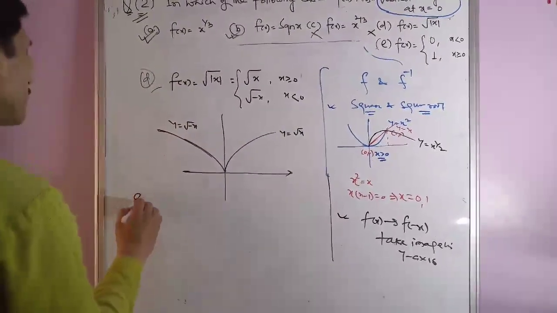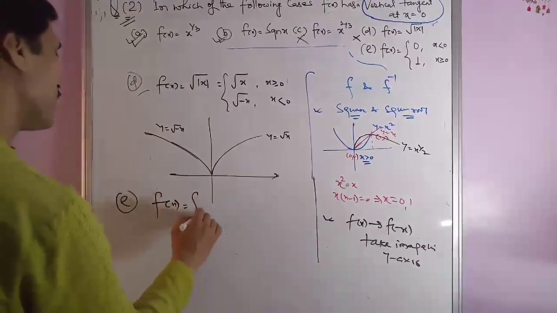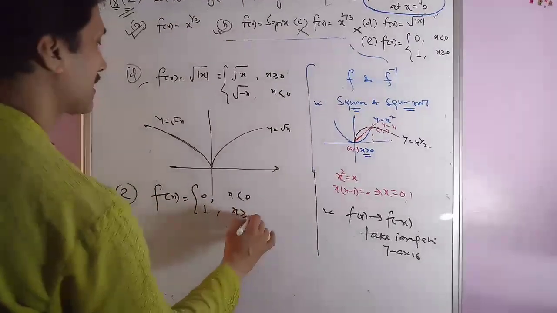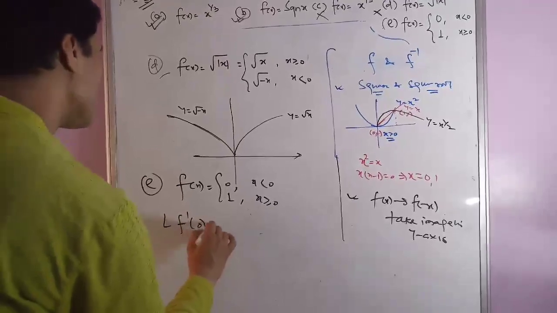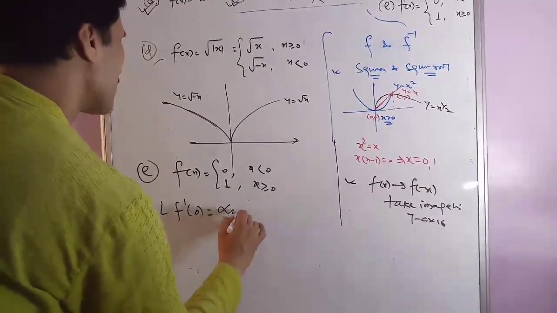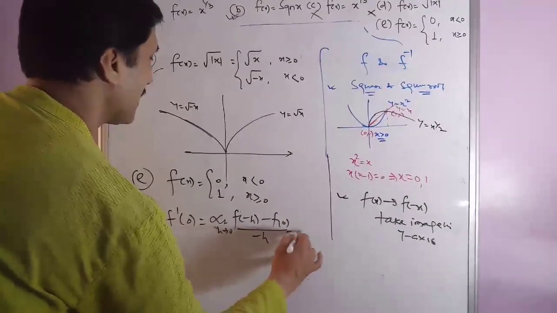The fourth one is f(x) equal to 0 when x is less than 0 and 1 when x is greater than or equal to 0. Obviously the left derivative at 0 is the limit as h tends to 0 of f of 0 minus h minus f of 0, upon minus h.